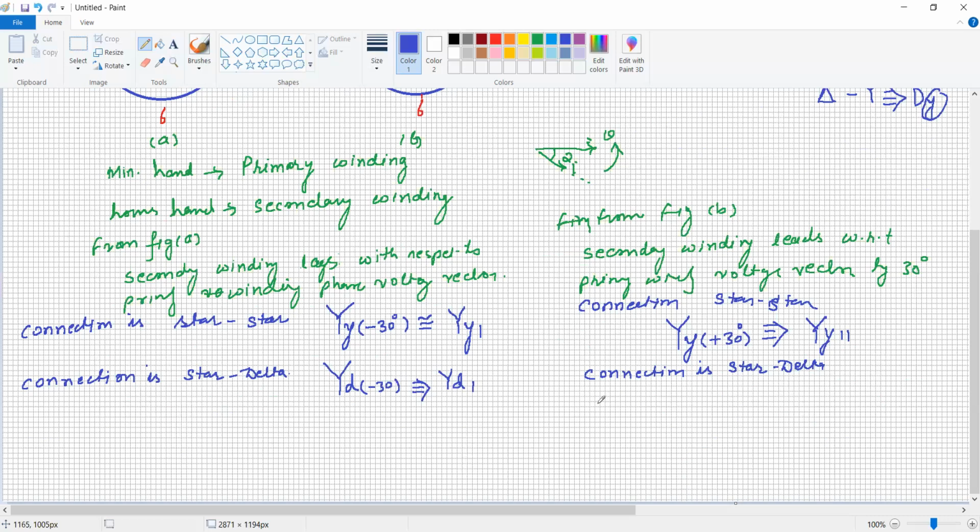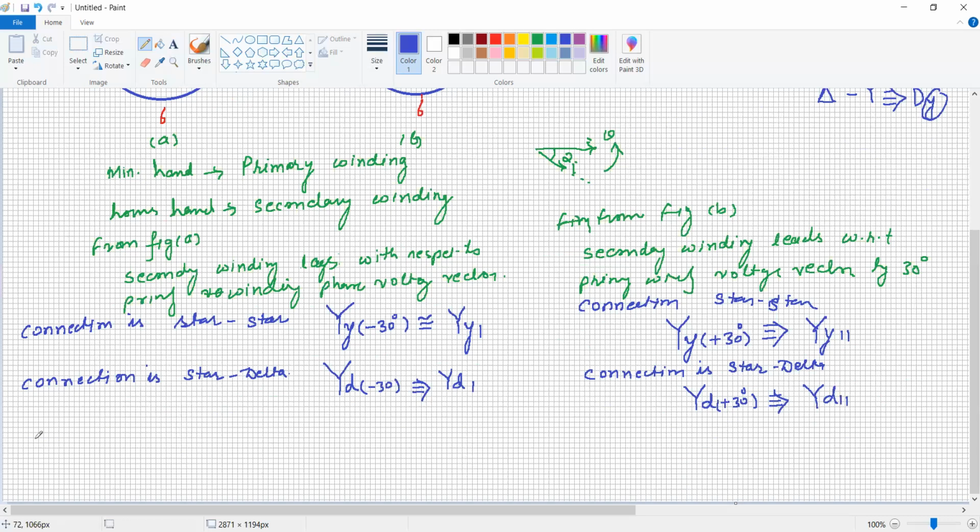Okay, YD1, where the primary connection is star connection, secondary connection is delta, and it is plus 30 degree, which is represented as YD11.